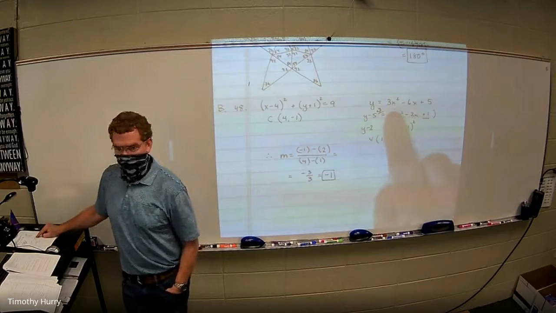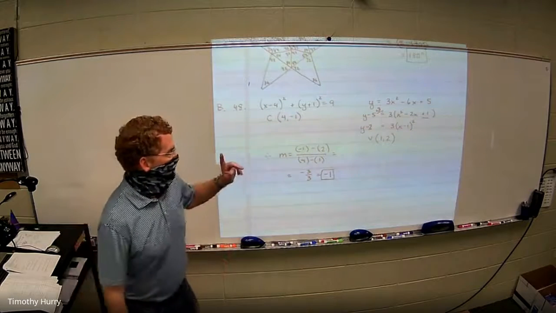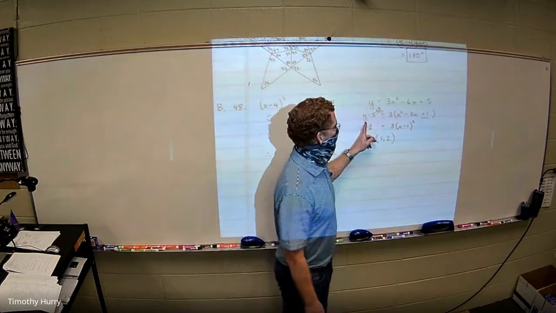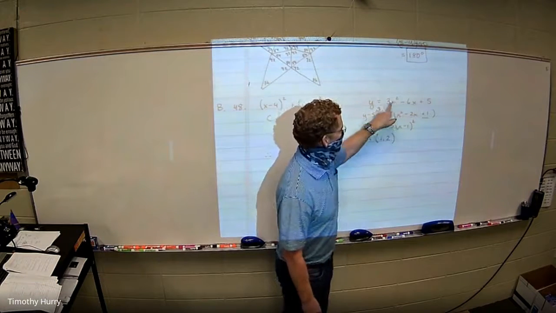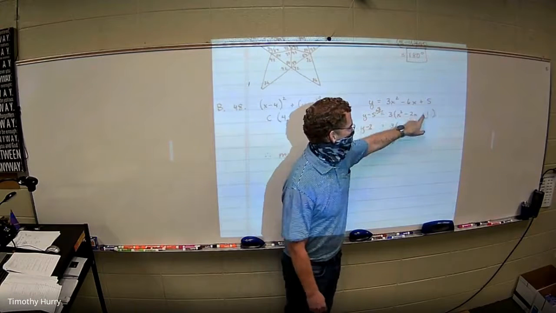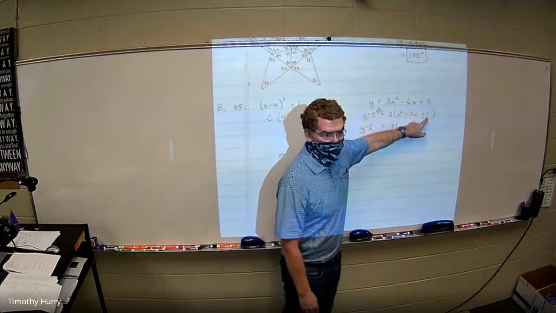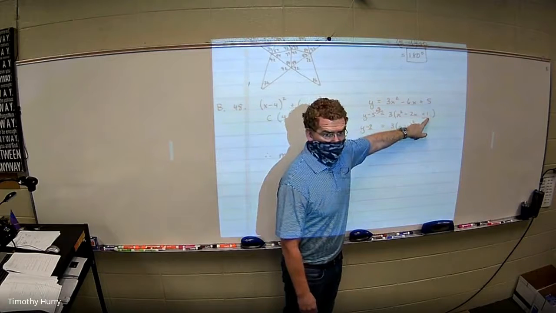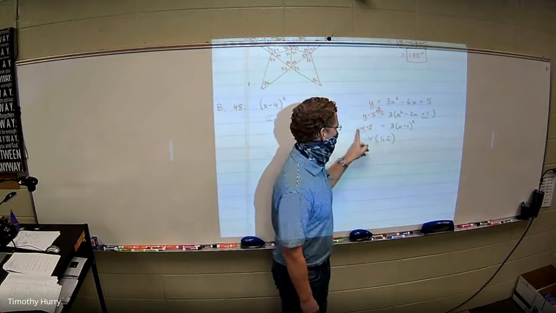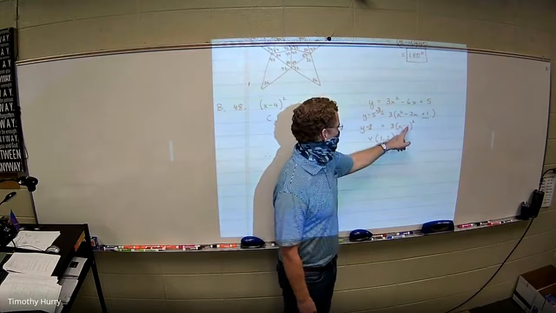What are 2 ways to find the vertex? You could either do completing the square where I add the 5 and then factor the 3 out of this, which leaves me 3x squared minus 2x. And then I complete the square by taking half of that and squaring it. So I added 1 to that side, but I don't add 1 to this side. I add 1 times 3 to that side, which gives me this, which the vertex would be 1, 2.